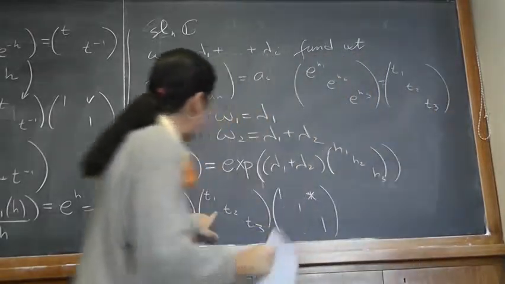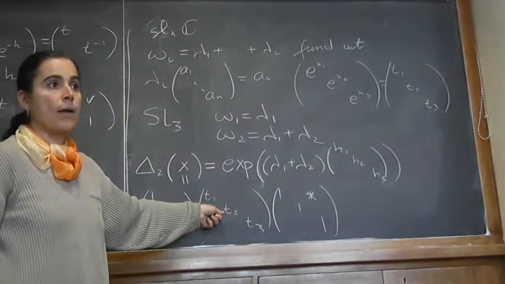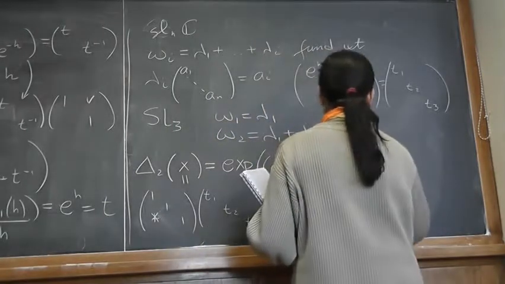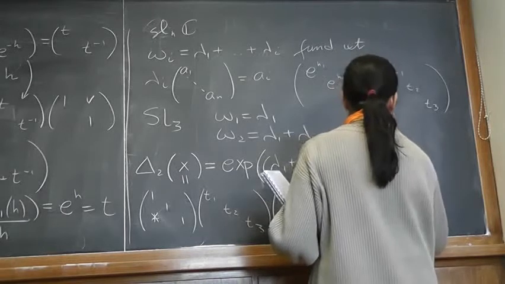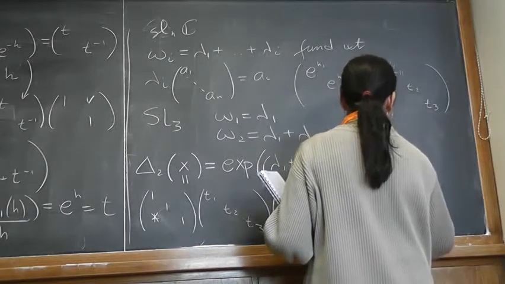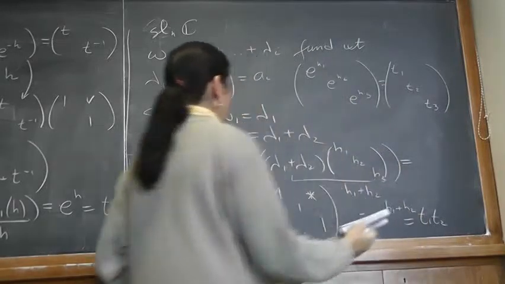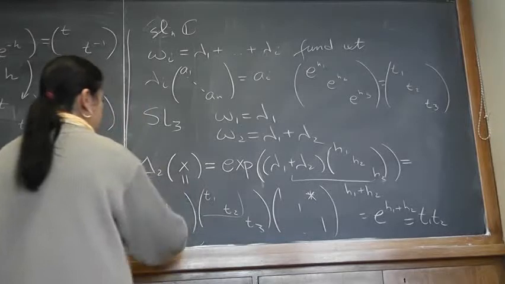So you want an element H whose exponential gives you the one downstairs. This will be H1 plus H2, so the exponential e to the H1 plus H2. So it will be T1, T2. This will give you the principal minor.